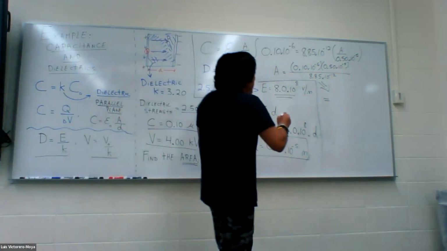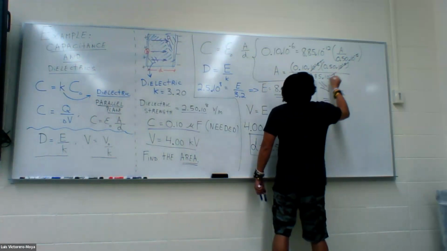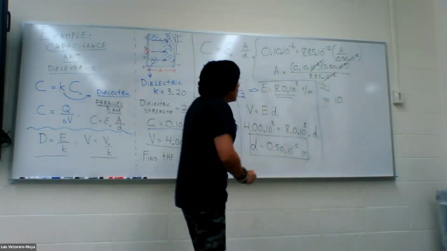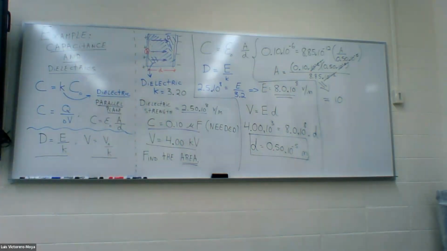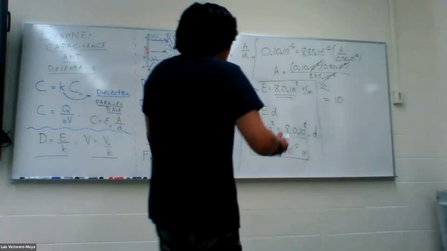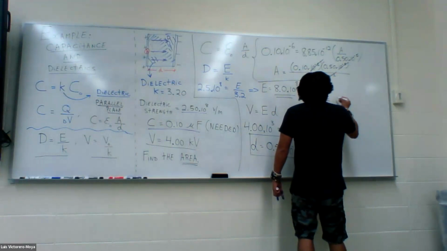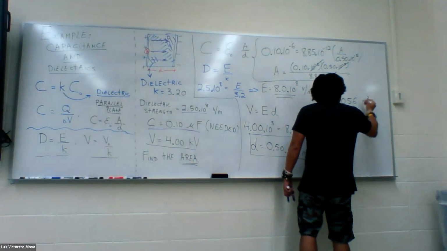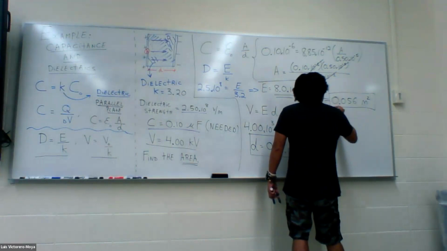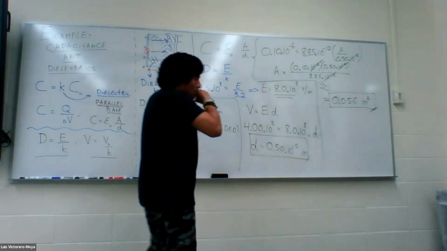All of those powers of 10 will give me 10. 0.10 times 0.5 is 0.05. 0.05 divided by 8.85 is .005649, multiplied by 10, I get 0.056. So 0.056 meters squared. And that's the area between the plates.